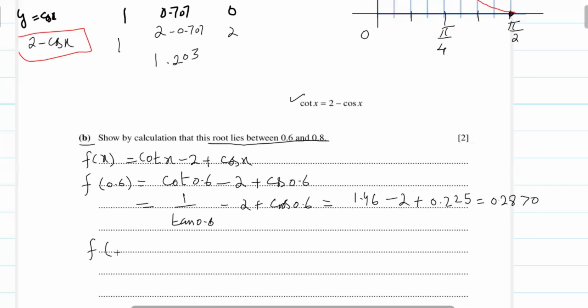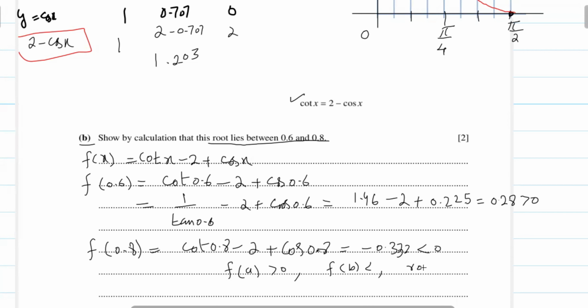Next, we see the value f of 0.8. This value will be equal to cot 0.8 minus 2 plus cos 0.8. Now this value is equal to minus 0.332 and this is less than 0. When the function's first value is greater than 0 and the second value is less than 0, the root will lie between a and b.